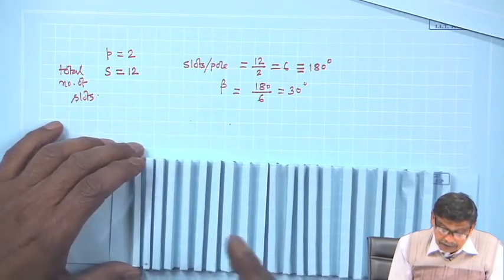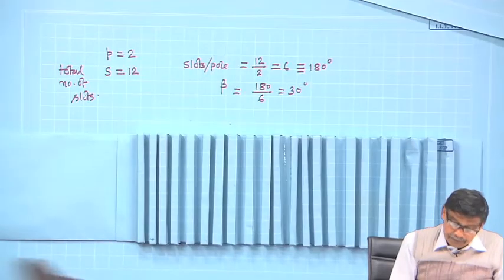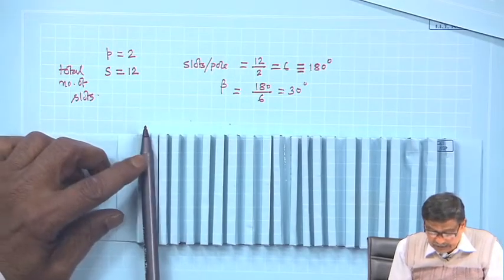Suppose one coil side I place in slot number 1.